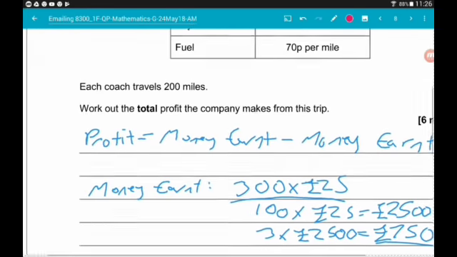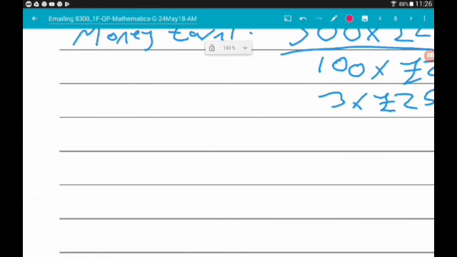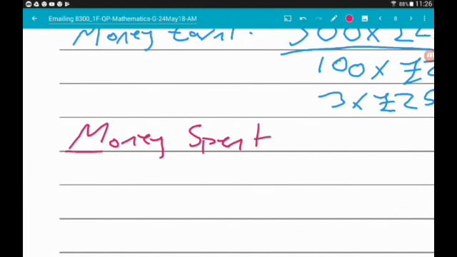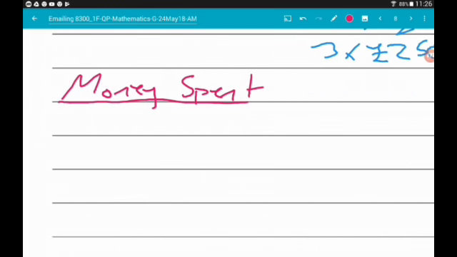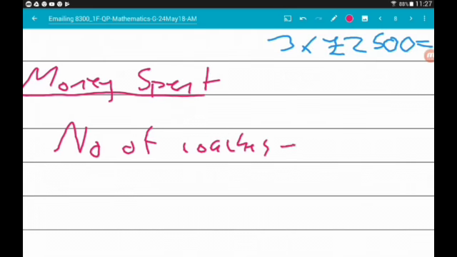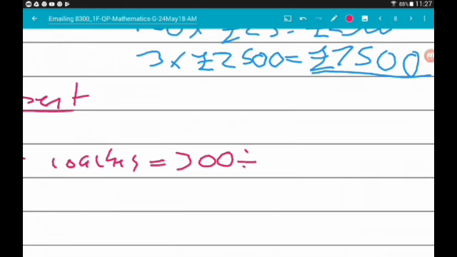So under money spent then, the number of coaches is 300 divided by 50, which is 6. So there are 6 coaches.